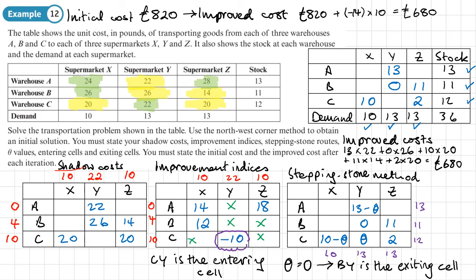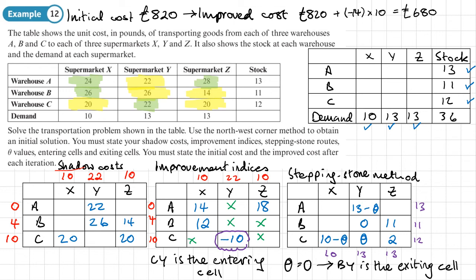So we'll now put those values in our table here, and then we're going to work out the improved costs as well. So we'll have 13 here, BY is exited, so you have 0 here, 11, 2 and 10, and just make sure that those rows and columns add up to the right things.